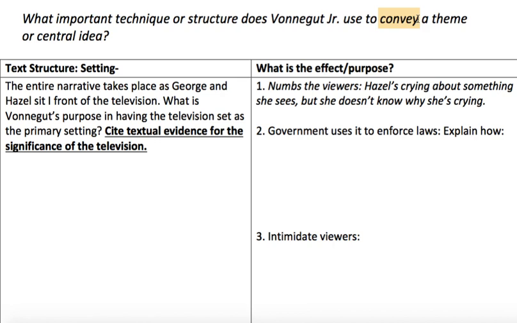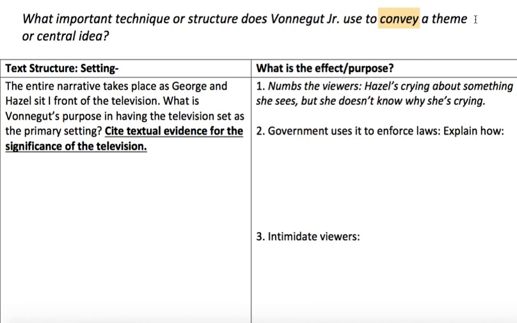New York State likes to use that. You see it on a lot of your assessments, but very simply a synonym would be maybe the word express or to describe. So in other words, what important technique or structure does Vonnegut Jr. use to express a theme or a central idea?